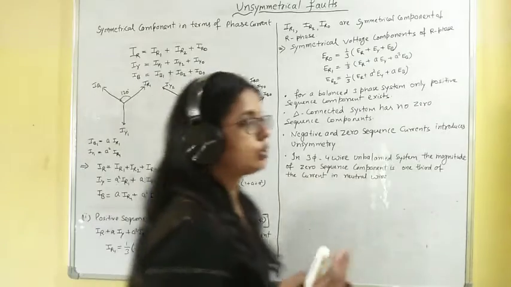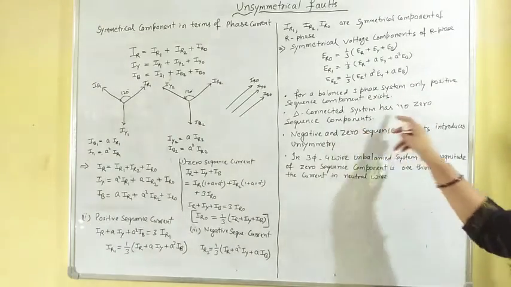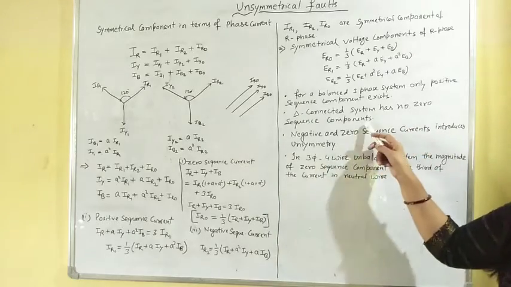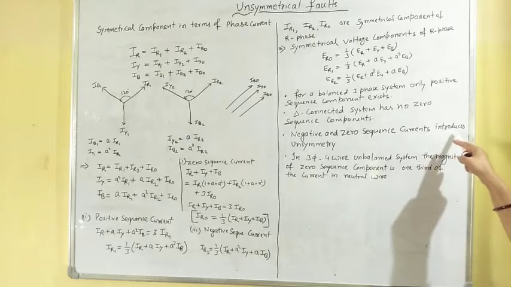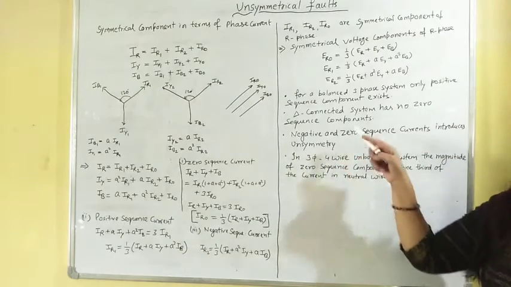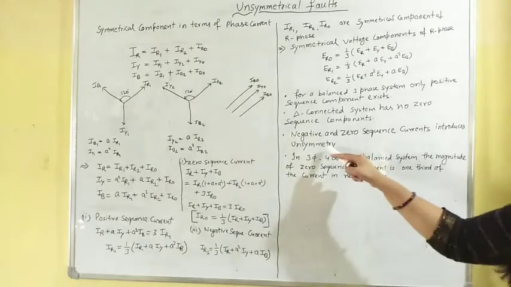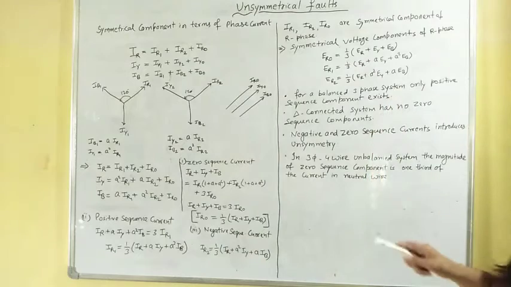When there is no neutral point, there will be no zero sequence current and no zero sequence components. Then negative and zero sequence currents introduce unsymmetry. That's why we use these terms in unsymmetrical fault analysis.